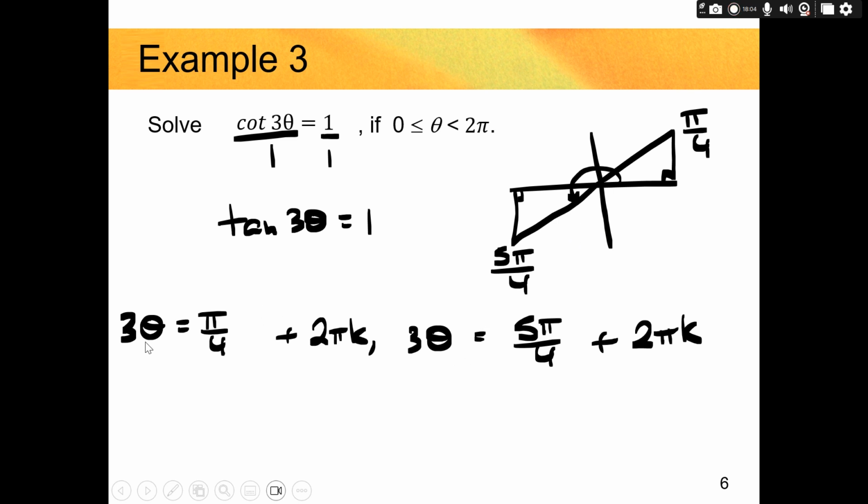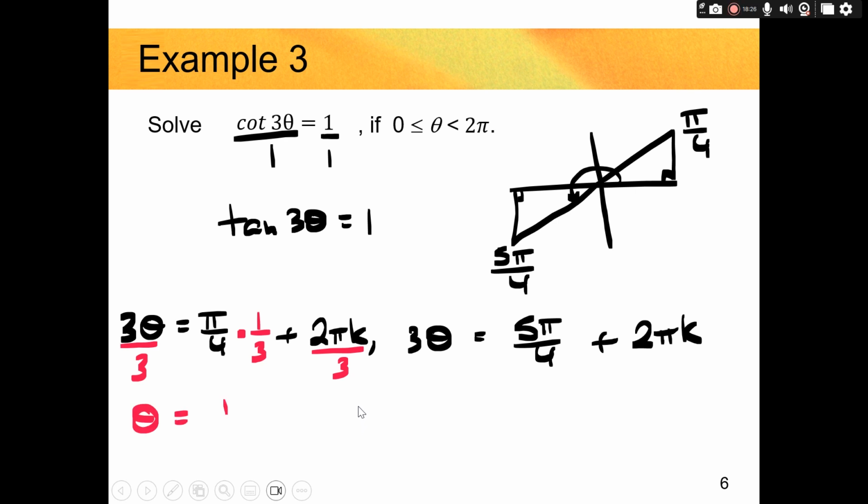So here it is. I'm going to divide this by 3. Dividing by 3, is that the same thing as multiplying by 1/3? Yes. So I can divide by 3 here, I can multiply by 1/3 over here. Are we okay there? And then I can divide by 3 over here. Good.